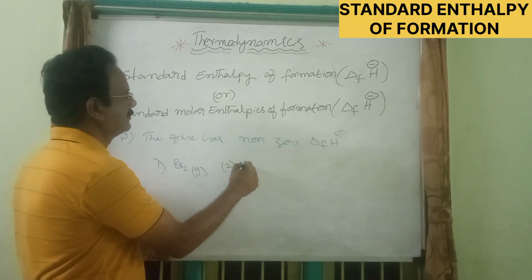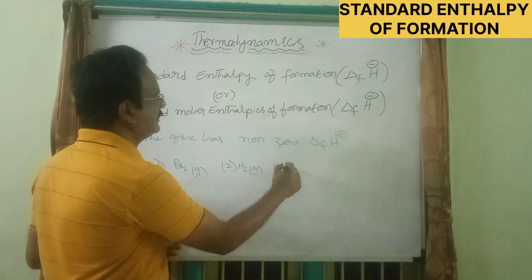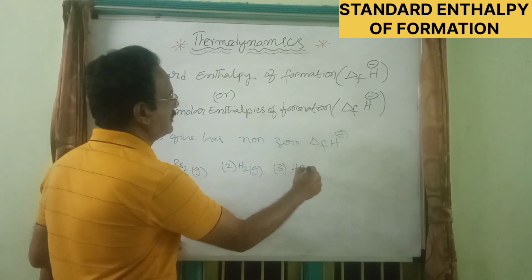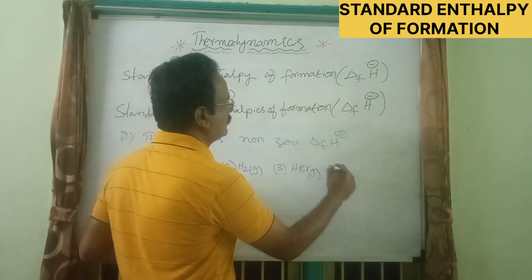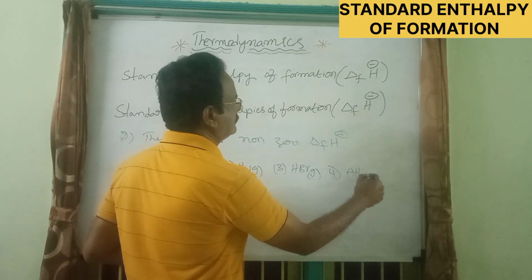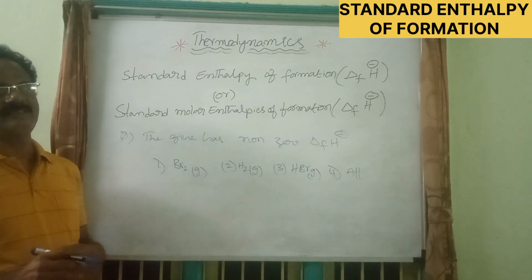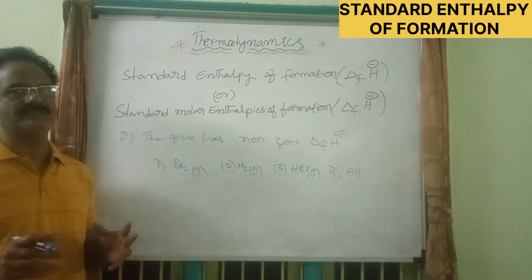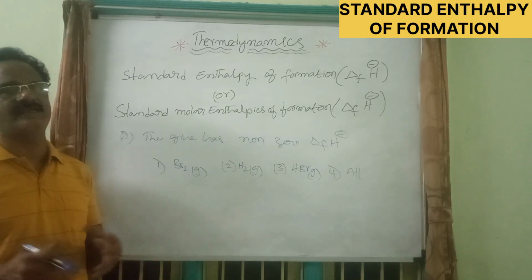Option 2, H2 gas. Option 3, HBr gas. Option 4, all. Okay. Here for such type of questions, we have to check the elemental state and whether it is in standard state or reference state.